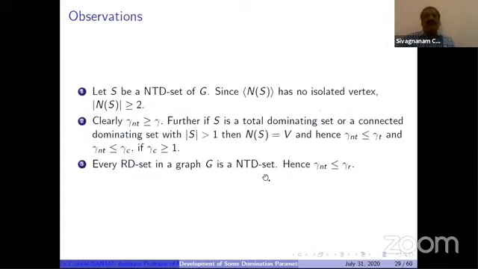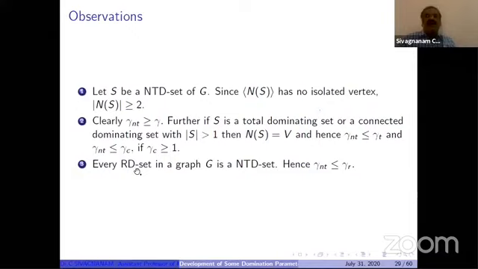And gamma NT is less than or equal to gamma C. Gamma C means connected domination number, and gamma NT means neighborhood total domination number. So we get this relation when gamma C is greater than 1, not greater than or equal to 1, but greater than 1.